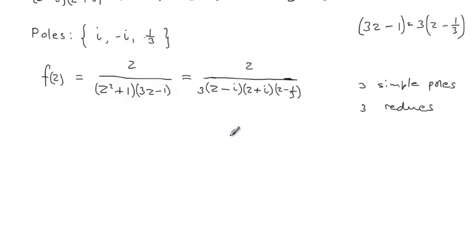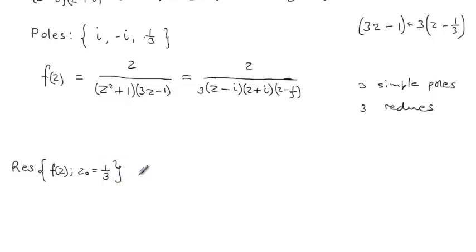Starting with the residue at z equals 1/3, we'll try it now and say the residue of f of z at z0 equals 1/3, and this is a simple pole.